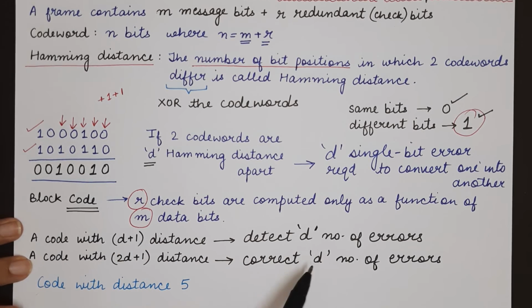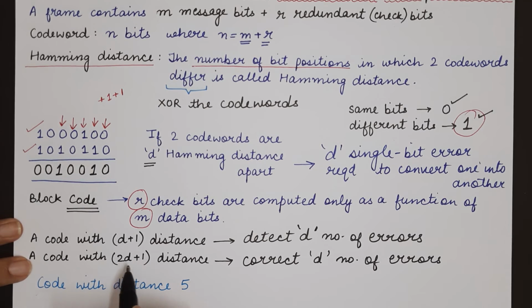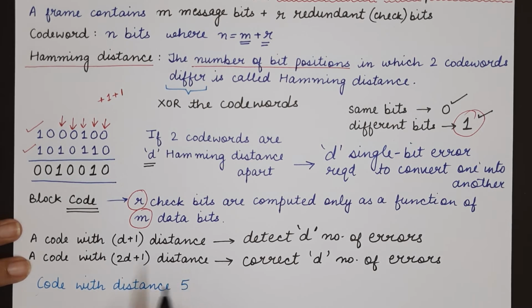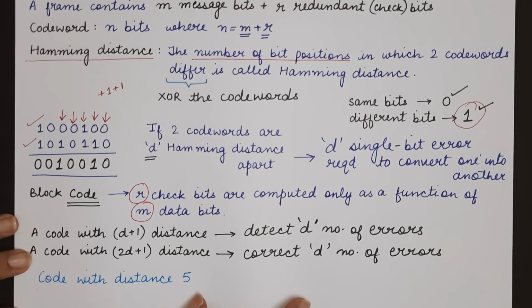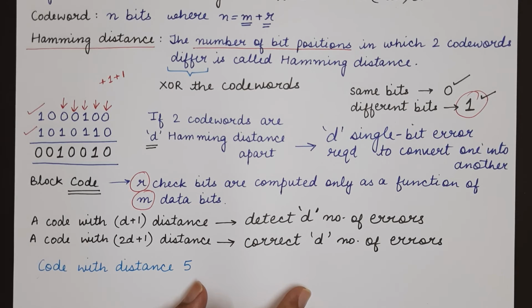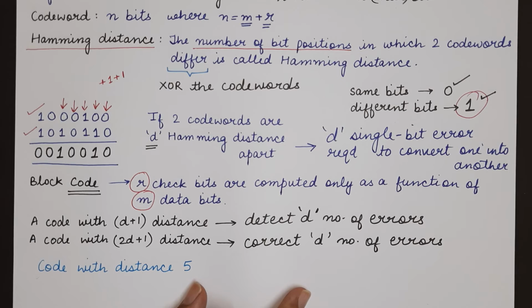And if you want to correct d number of errors, then you have to develop a code that has 2d+1 distance. We will talk in much more detail about a code having d+1 distance in further videos when we discuss Hamming codes in detail.